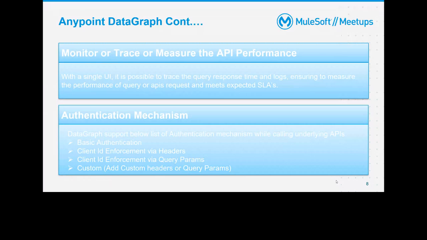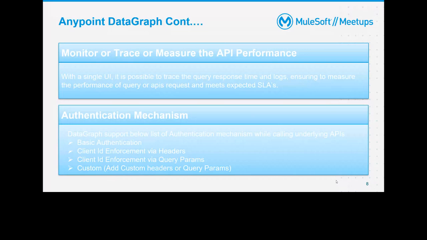Using this tracing capability, you can see exactly how much time is taken by one API, like it took 54 milliseconds or 50 milliseconds, and how much time was taken by the other APIs. This is very useful. There are some restrictions with Anypoint Data Graph, which we will discuss, but this tracing is very useful.